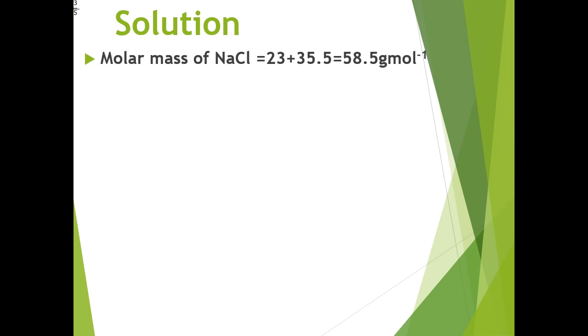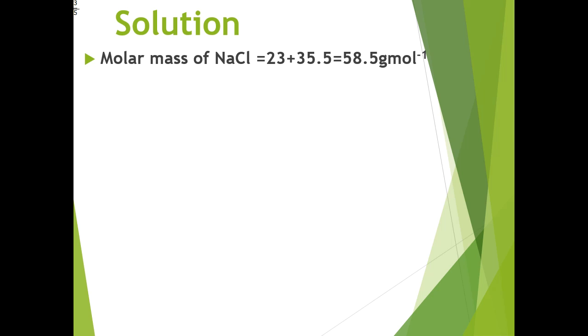Let's look at the solution to this problem. The molar mass of sodium chloride will be equal to 23 plus 35.5. And you know 23 is the relative atomic mass of sodium and 35.5 is the relative atomic mass of chlorine.